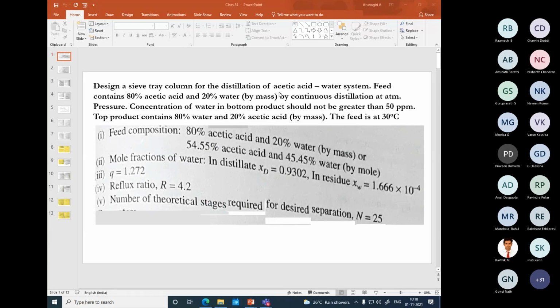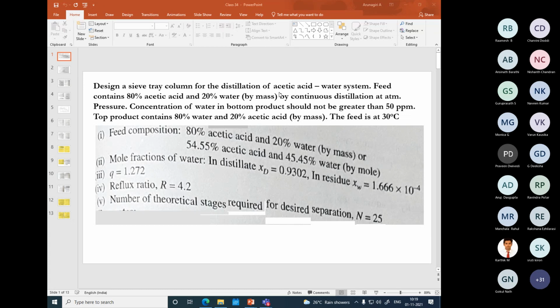So I think you know how to convert this weight percentage into mole percentage. You take a basis, then convert into moles using molecular weight, then calculate total moles, then you can find out the mole percentage of acetic acid and water. This is a simple calculation that you have studied in your chemical process calculations, and subsequently used in mass transfer operations.